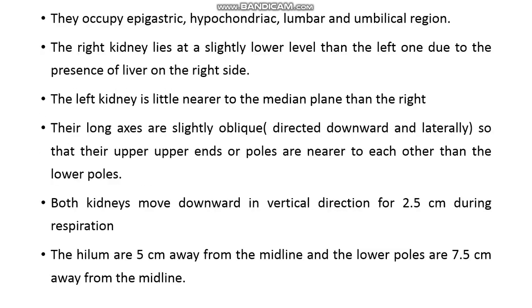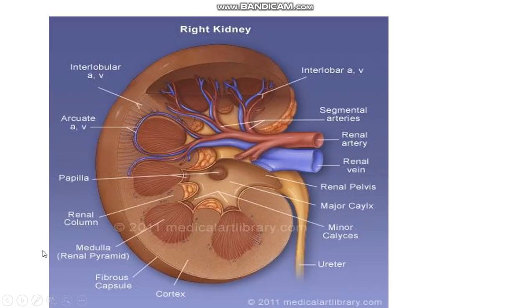Then borders. Each of the kidneys has two borders, a medial border and a lateral border. In this picture, this is the medial border and this is the lateral border. Nearer to the upper pole and lower pole of the kidney, the shape of the medial border is convex, but in the middle portion it is concave.